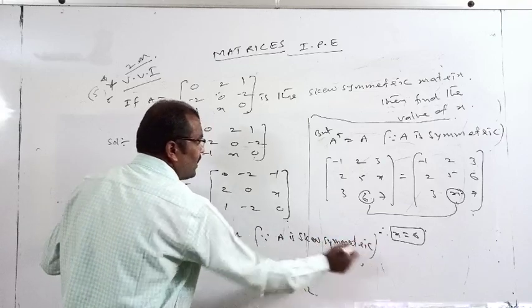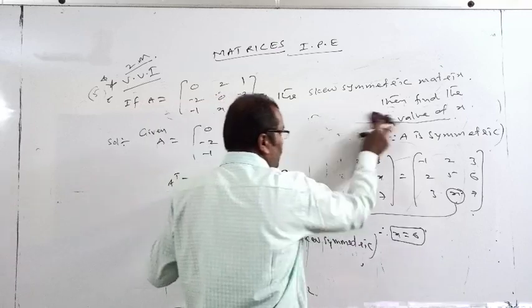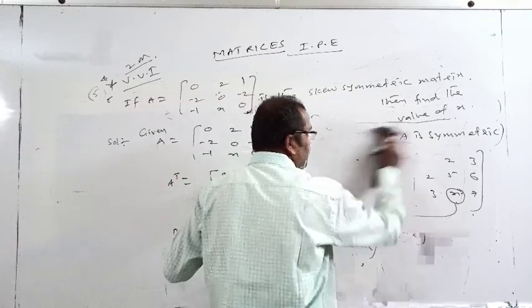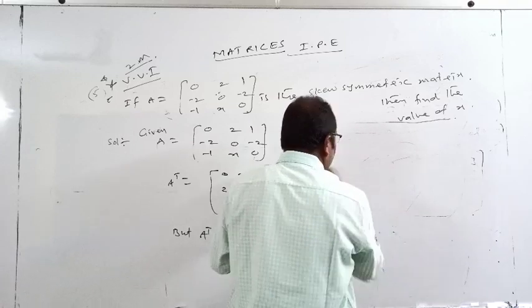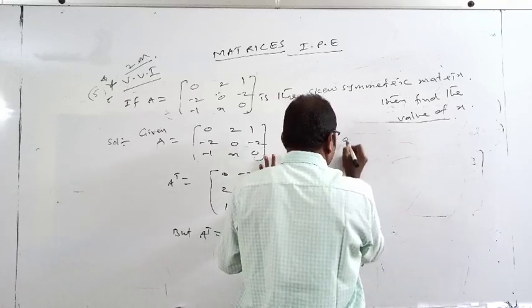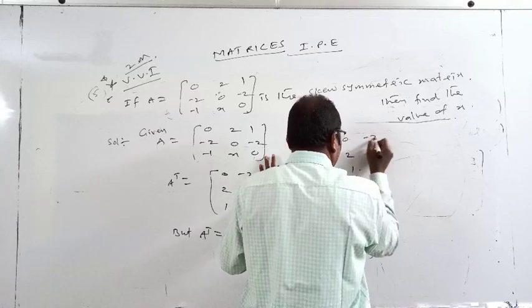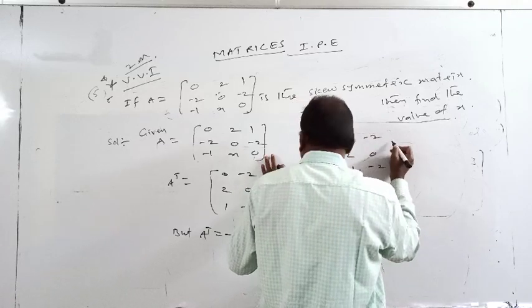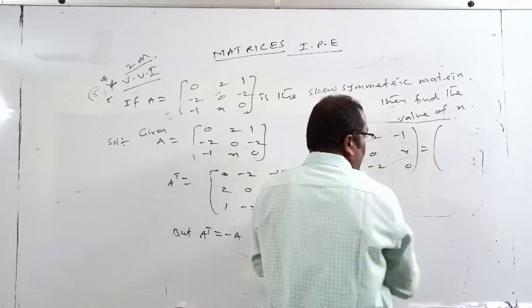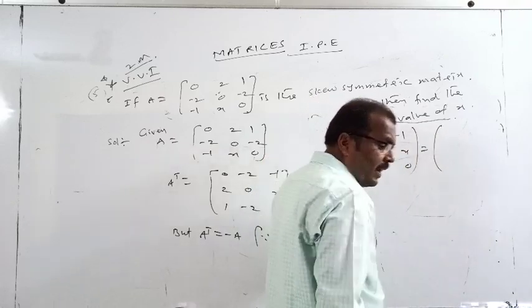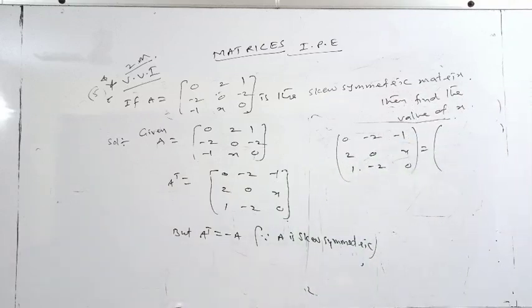So already given A is skew symmetric matrix. Just write the values. So what is A transpose? See the A transpose: 0, 2, 1... Minus A means all the elements of A should be multiplied with minus.